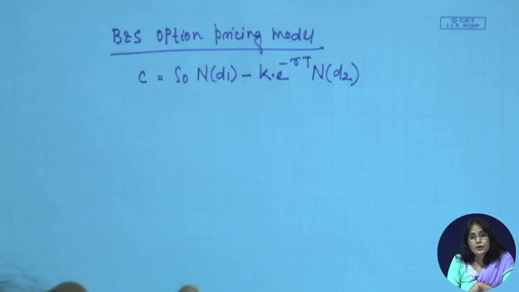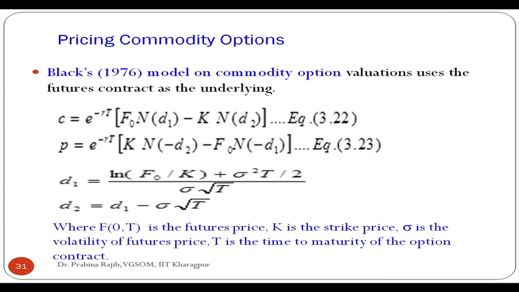If you have not done, then I would advise all of you to read any standard book on option valuation, that is John C. Hull and Sankarshan Basu, which is a very seminal book on derivatives, or any other book or website which you feel comfortable.